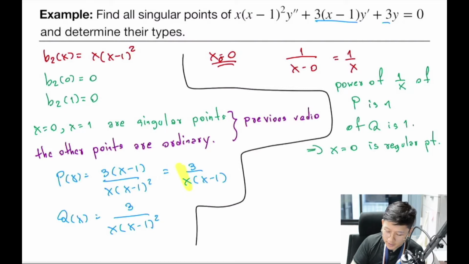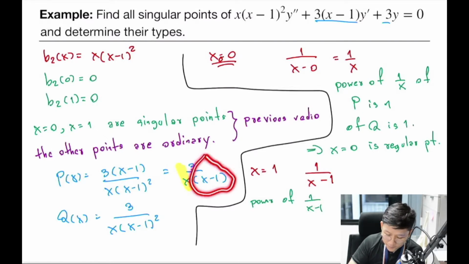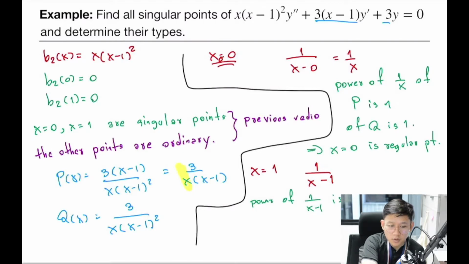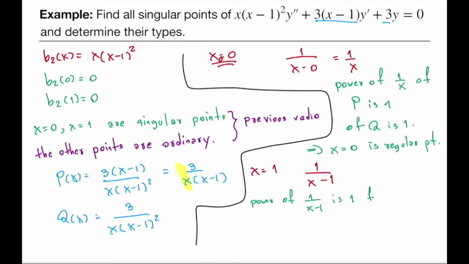Okay, and if we look at the point when x equals 1, we need to look at 1 over (x minus x0), which is 1 over (x minus 1). And if you see here, the power of 1 over (x minus 1), the factor, is 1 for p and 2 for q.